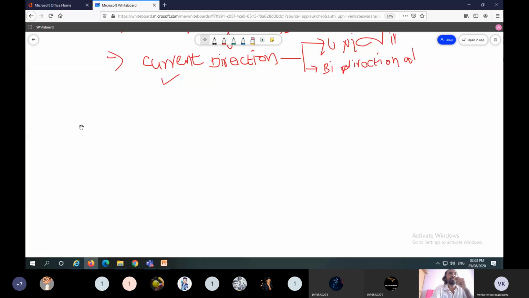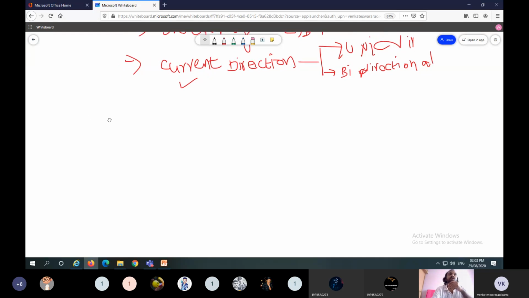It is like mobile phones, where we consider certain features like megapixels, screen resolution, processor, RAM, internal memory, and so on. We can also consider some parameters while choosing power semiconductor devices. The first one is voltage rating.